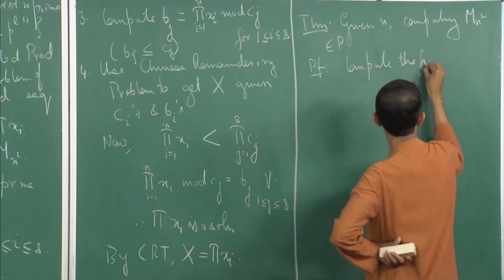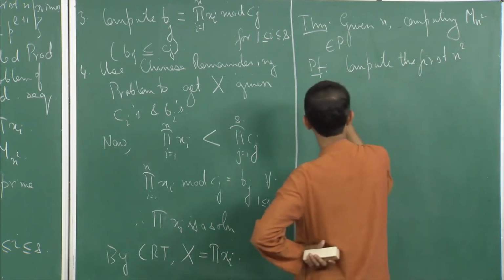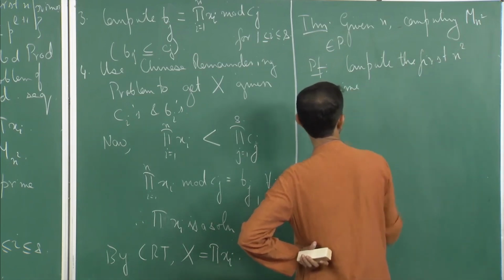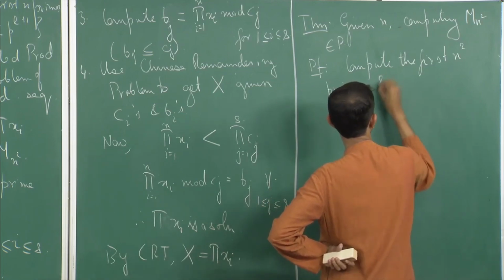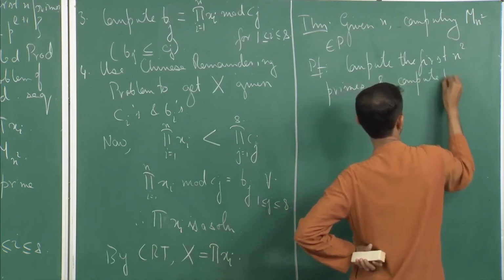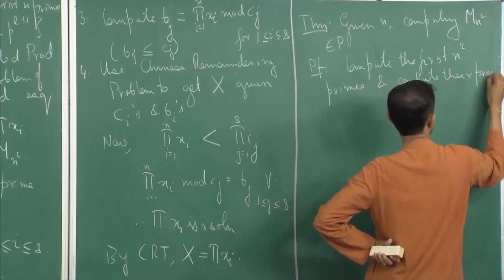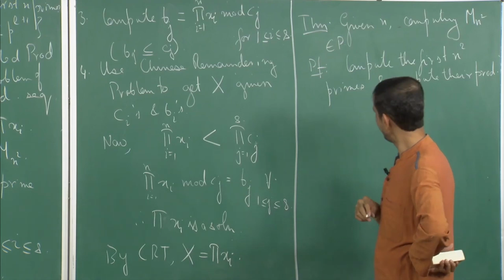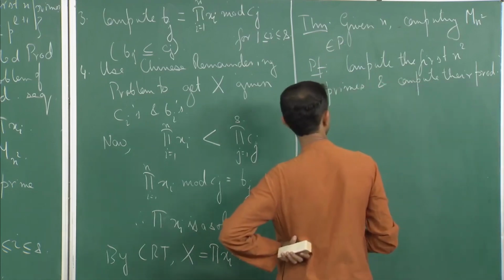Compute the first n square primes and compute their product. Okay. So quickly let us see why this is a good modulus sequence.